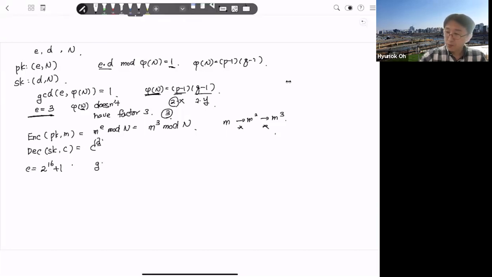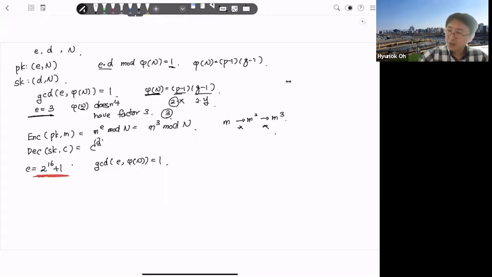So definitely we have to make sure that the GCD of E and phi N is 1. But this is a very large number, right? 2 to the 16 plus 1 is a very large number. So with a very high probability, GCD of E comma phi N is 1. So this value is typically used.